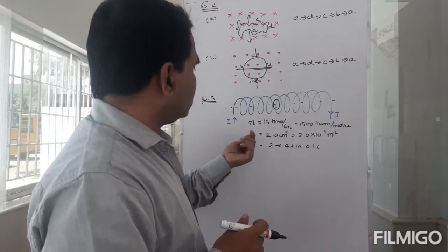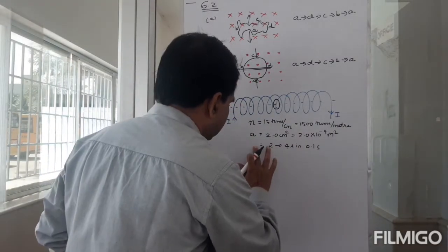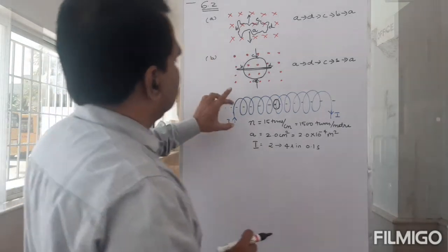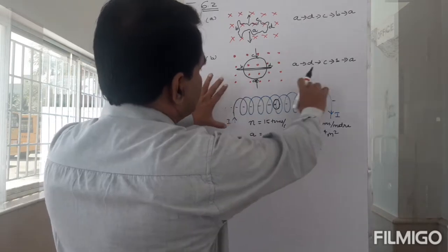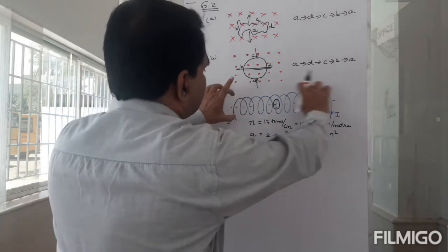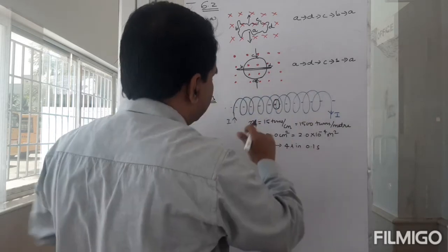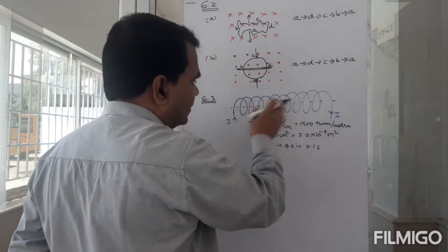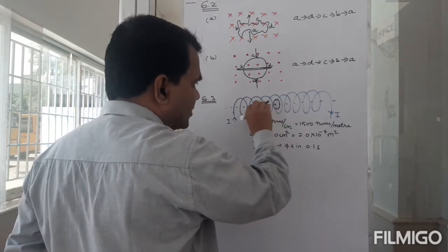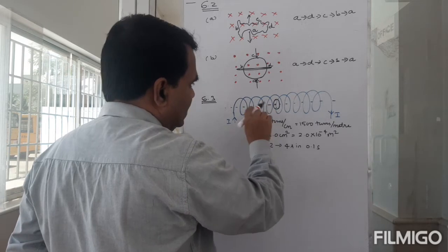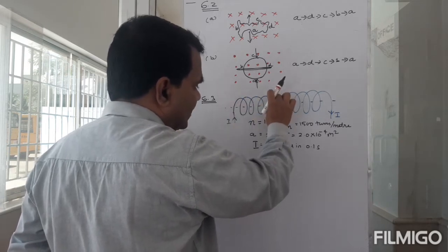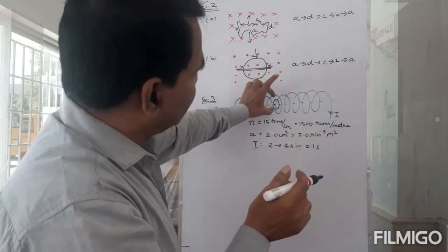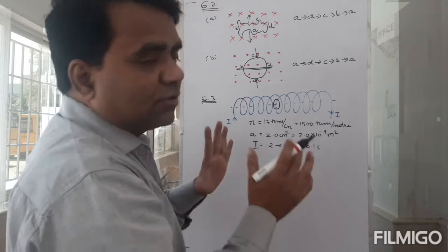But if the current, I call it I, capital, so this is the current, this is the solenoid. This current will set up a field B, and there will be magnetic flux through this loop also. If the magnetic flux through this loop changes, there will be an EMF induced. So that's what we're going to find out now.